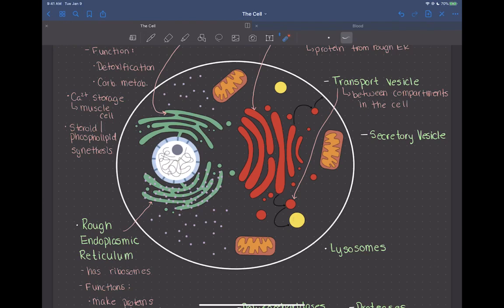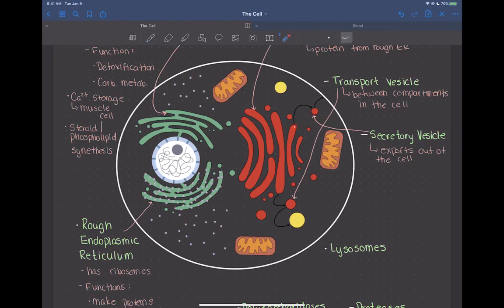So it's just going from the Golgi to the lysosome, staying inside of the cell. That's different from our secretory vesicle, which sends things out of the cell. So it exports out of the cell. I'm going to crisscross these lines here, that would be this guy here.